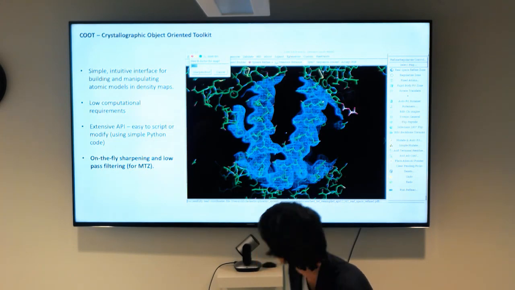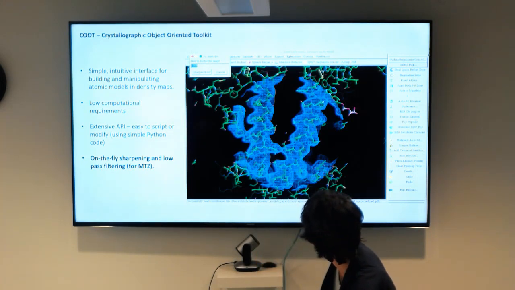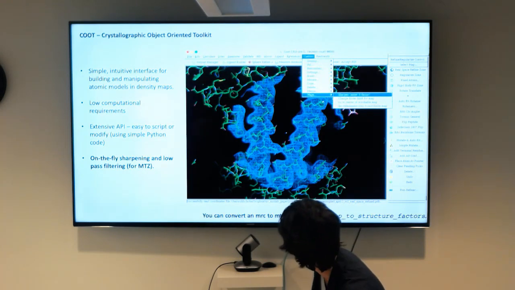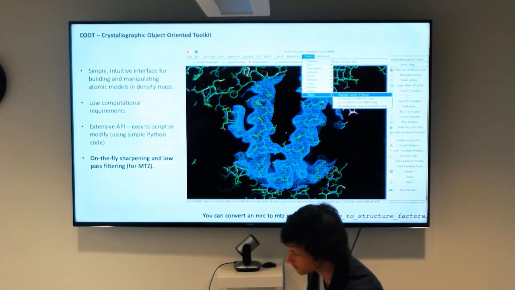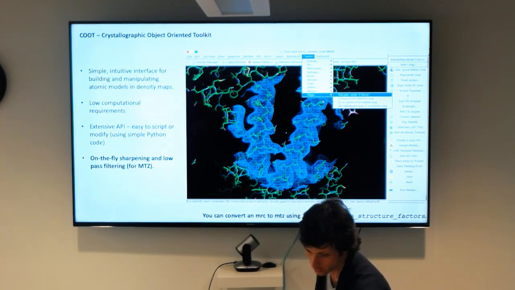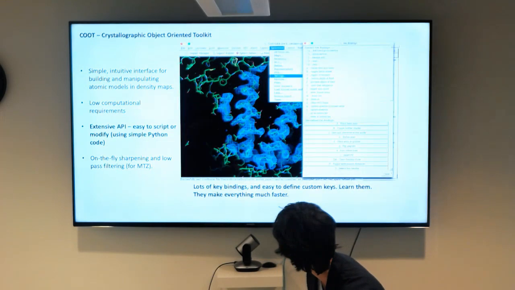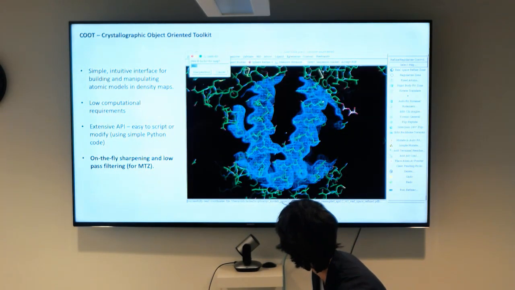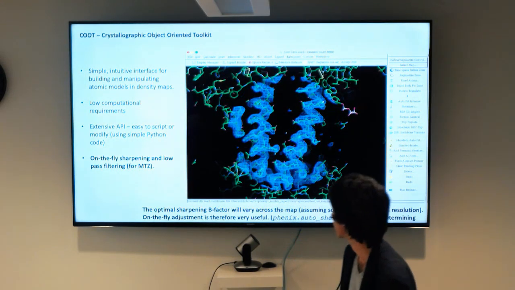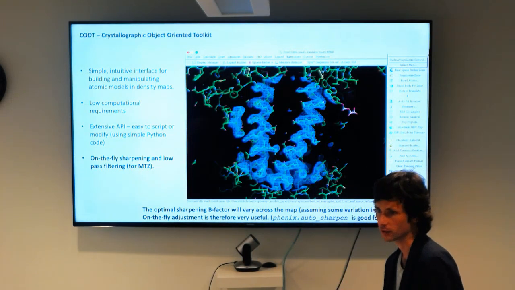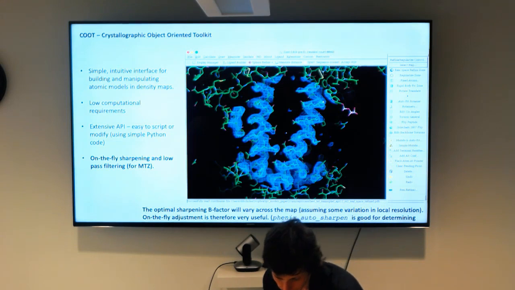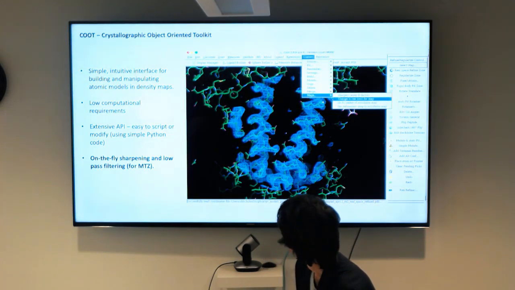You can use on-the-fly B-factor sharpening, which is really nice if you have your map as an MTZ file. You can't do it with an MRC, but if you convert your map to MTZ, then you can use that, and that's nice for just trying to identify what the optimal sharpening factor is for your map, particularly because it may be different in different regions of the map.